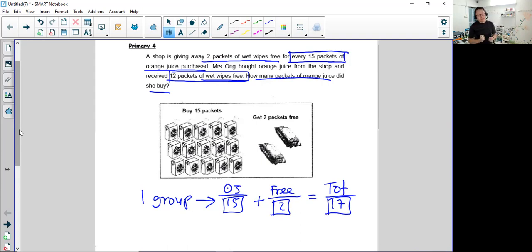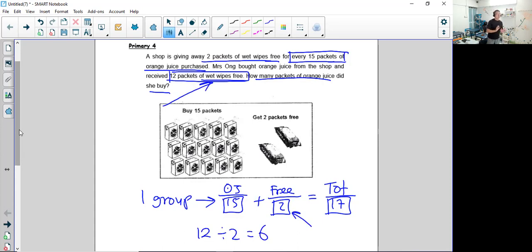To find how many groups, you must go back to one group and look for the same kind. If you want to know how many groups make up the number of packets of wet wipes, then you have to go to the same kind, which is wet wipes. And where are the wet wipes? Over here, in one group. There are 2 free wet wipes. So you take 12 and divide by 2, and you will get 6 groups.